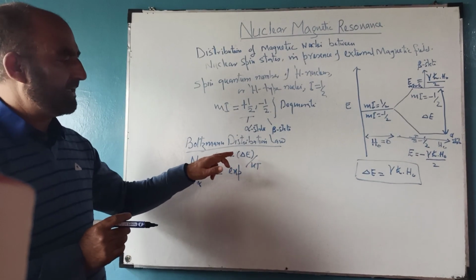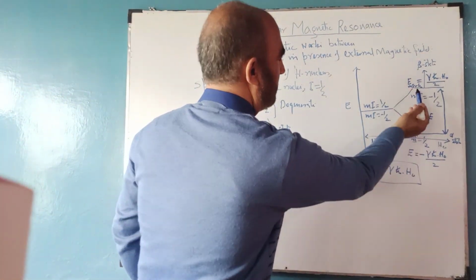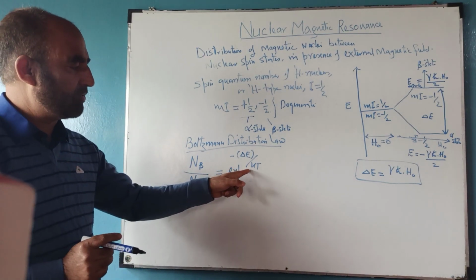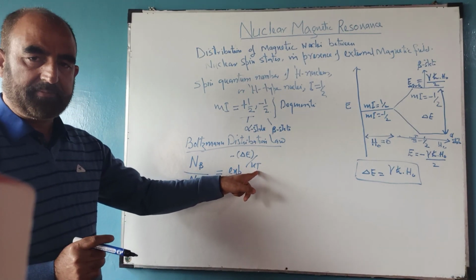What is delta E? Delta E is the energy difference between the two magnetic quantum states, and K is the Boltzmann's constant, T is the temperature.